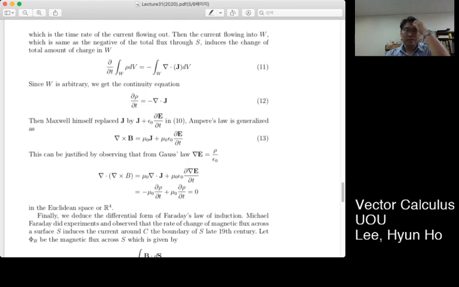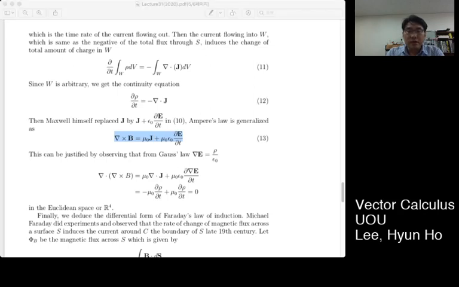So that's the Ampere-Maxwell equation. We are going to use this equation 13 again, but this time we want to explain Faraday's law.